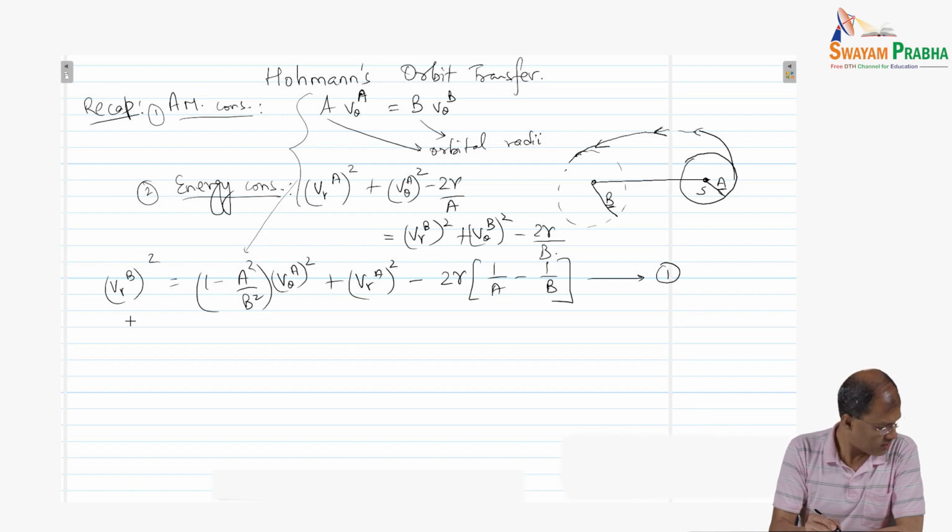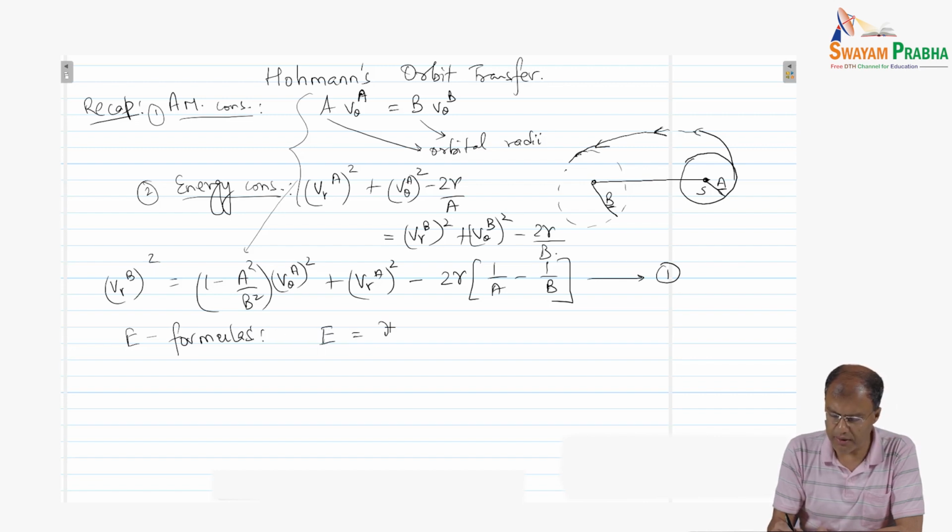Then we recall that we can also substitute some more formulas. We recall the E formulas of the planets. The E formulas read that E is equal to gamma by 2A, and this is the total energy. Remember that the total energy was half mv square.